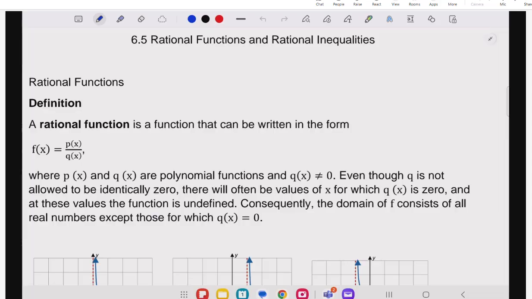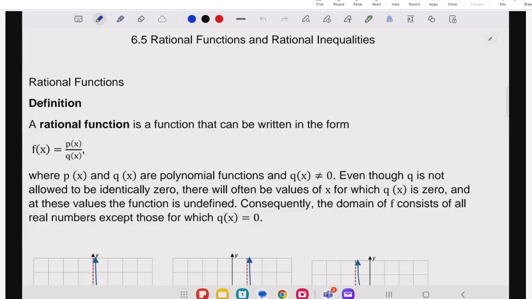So a rational function is a function that can be written in the form f of x equals p of x over q of x, where p of x and q of x are polynomial functions. Q of x cannot be equal to 0. So even though q is not allowed to be identically 0, there will often be values of x for which q of x is 0. And we've talked about that when we talked about the domain restrictions on a rational function.